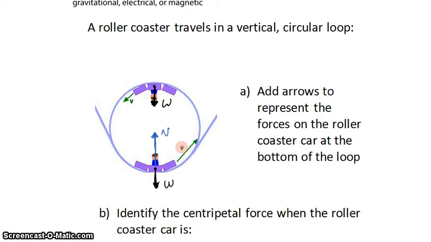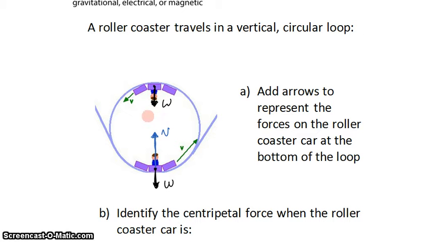Another possibility is that if you're moving a bit faster than that, you might need some normal force to push you down. So an additional normal force to push you down as you are moving so fast that the track pushes against you.